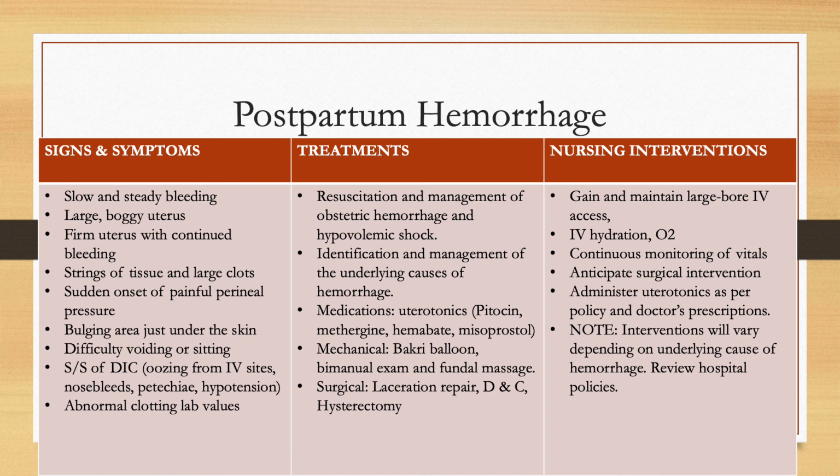And of course, you need to be aware of signs and symptoms of DIC. Okay, is she oozing from IV sites? And I hope nobody ever has to witness this, because if you've allowed it to get to this point and you didn't notice that there was something wrong with your patient until they're oozing from IV sites, nosebleeds, petechiae, and they're hypotensive, we're in trouble at this point. Okay, again, the key is to prevent this type of situation, and we prevent by making sure that we are monitoring.